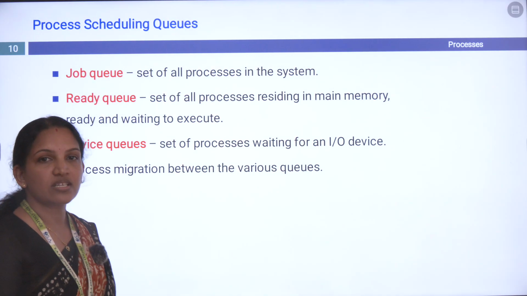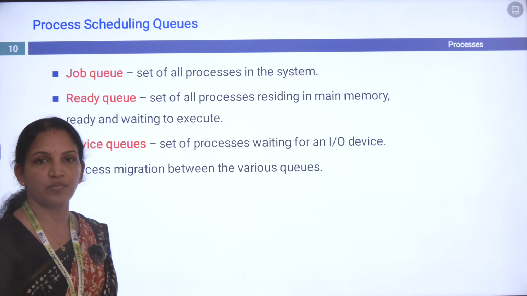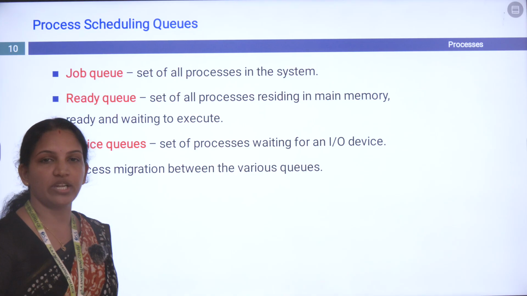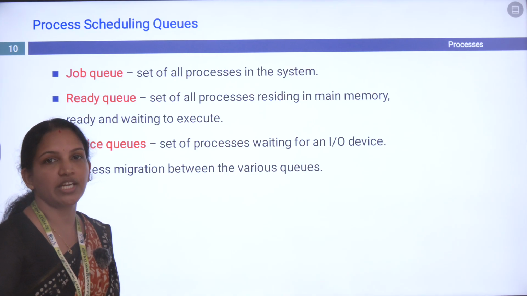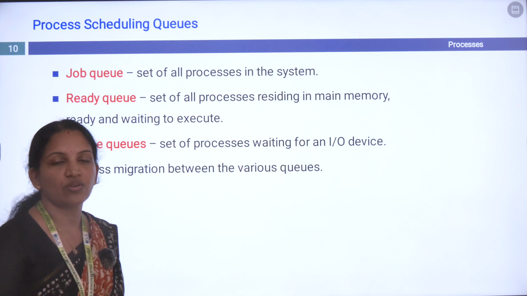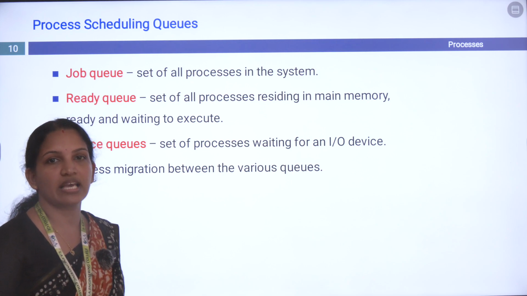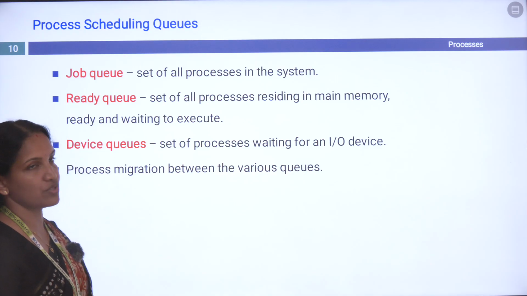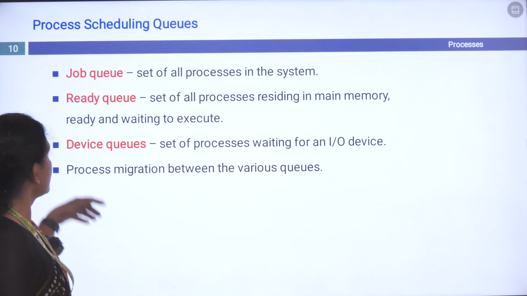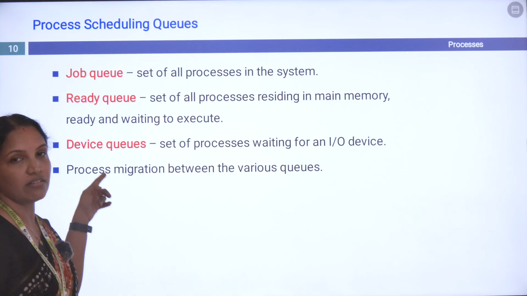Now, when you consider a system, there can be a large number of processes. These processes can be newly created, ready for execution, or in a waiting stage. Depending on these conditions, there can be three types of queues, called process scheduling queues: job queue, ready queue, and device queue.